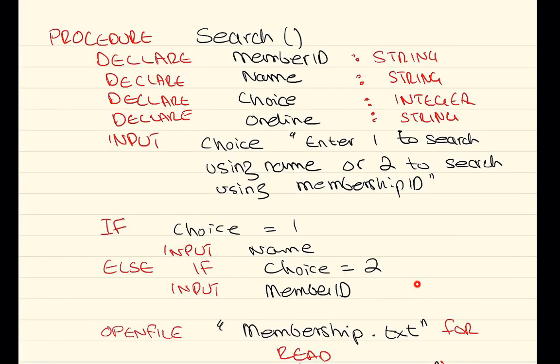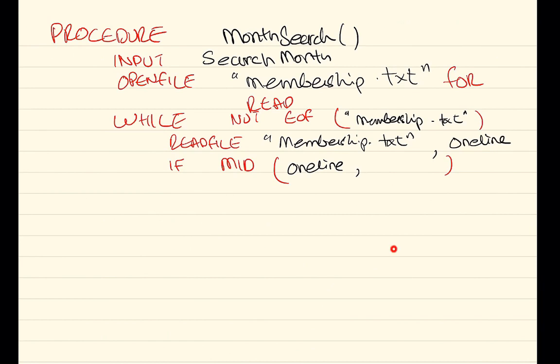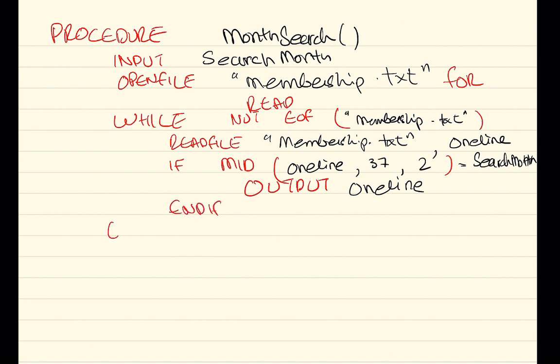From space 37, we'll have to pick two characters. If those characters are equal to search month, then we output one line, so we output the data for that member. Then end if, end while, and end procedure.